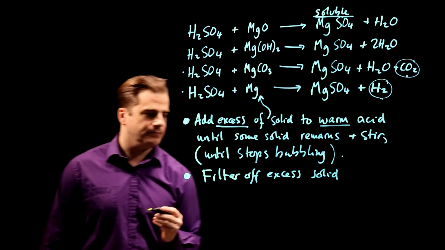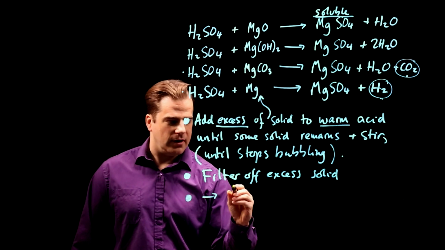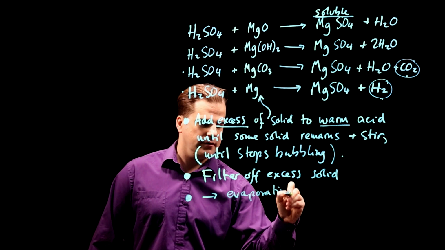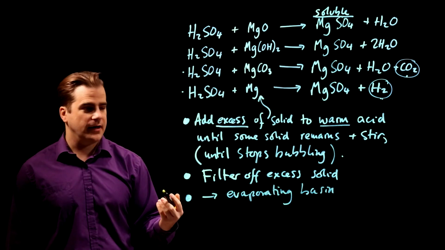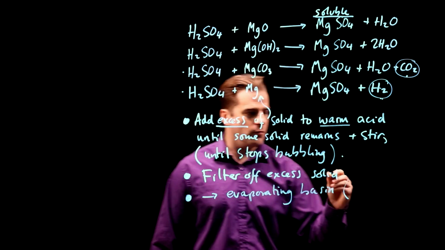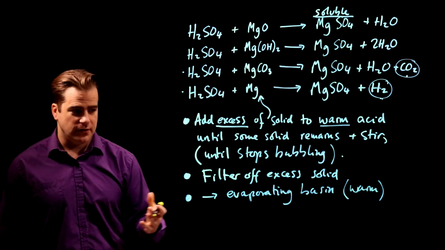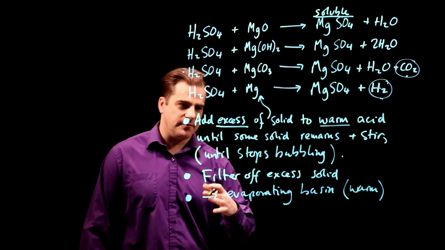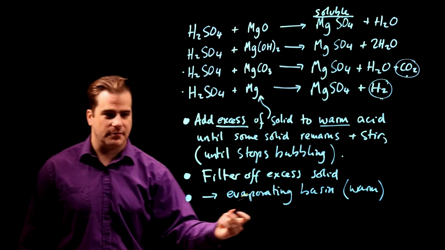Filter off the excess solid, and then you add the liquid to an evaporating basin and evaporate it. You can maybe put it in a warm environment if you like, or you can just leave it on the bench. You can put it in a slightly warm oven, which sometimes is the same oven you use for drying it. Doesn't really matter as long as you explain something like that.